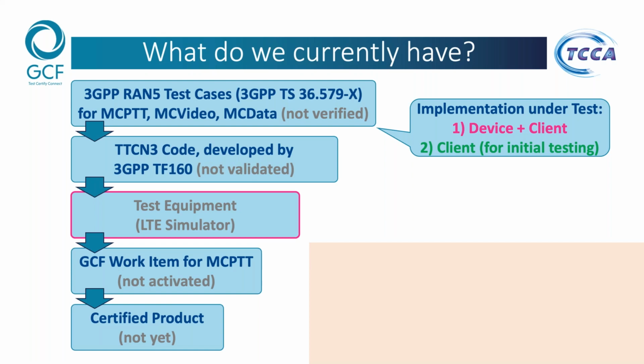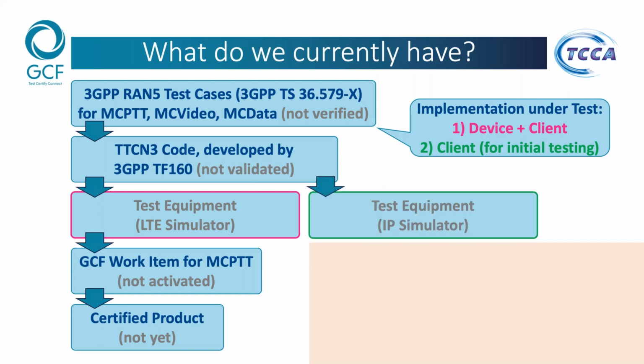So what we will do in the first step, with the help of 3GPP, who have already said that instead of, or in parallel to, having the device and the client as the implementation under test, which would require an LTE simulator, they also allow for initial testing where the client software only can be submitted as the implementation under test. With this, we can also use an IP-based simulator as test equipment.